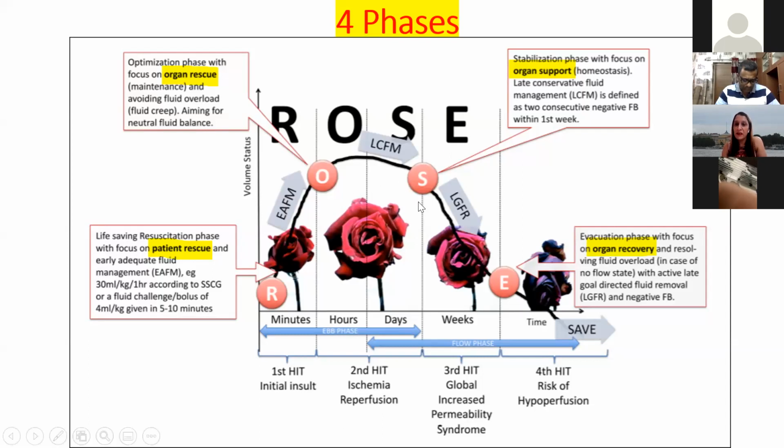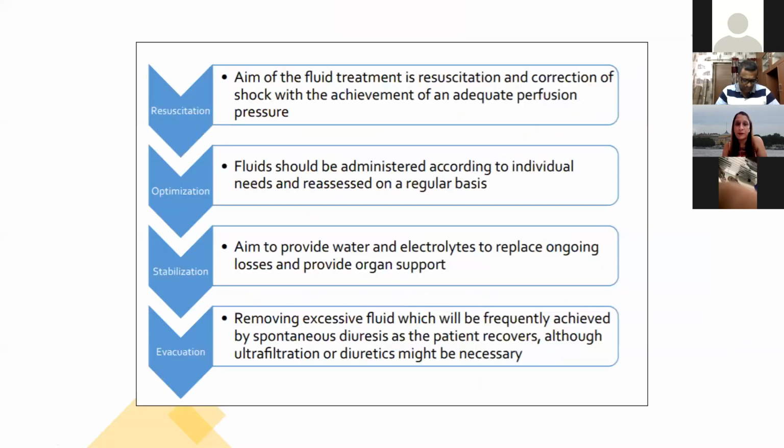And during the stabilization phase, this is for organ support. The focus basically, like we might go in for late conservative fluid management, but we have to support the organ. And the last E is for the evacuation phase, where the focus is on organ recovery and resolving the fluid overload.